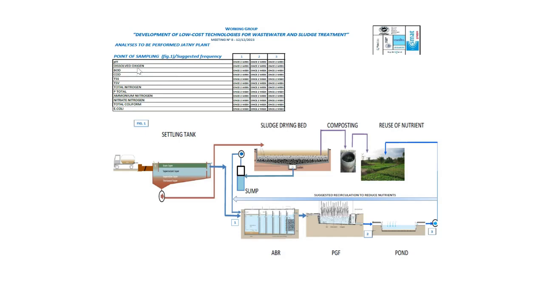I suppose that the best analysis to go on with the project is to measure the pH, the dissolved oxygen, BOD, COD, total suspended solids, the volatile solids, the total nitrogen, the total phosphorus, the ammonium nitrogen, the nitrate nitrogen, the total coliform, and E. coli.